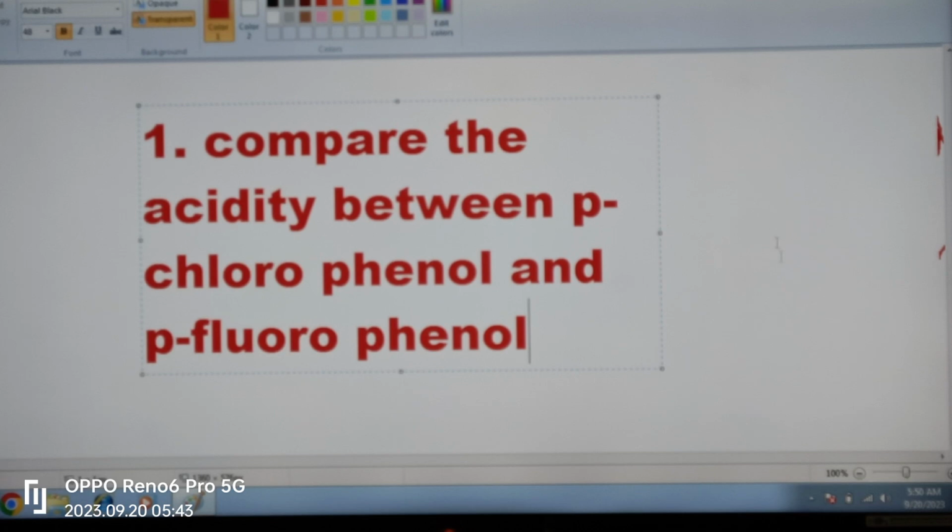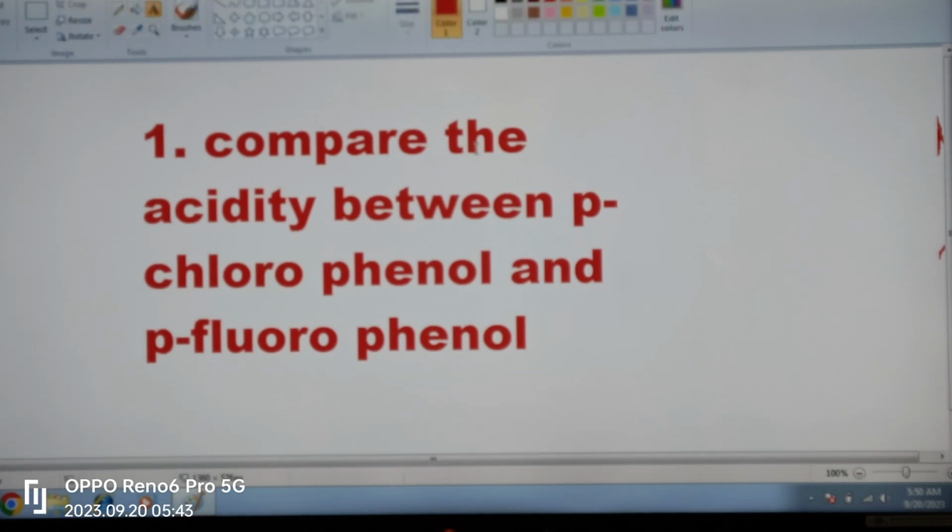So the question is, how can you explain the relative acidity of parachlorophenol and parafluorophenol? Let's try to explain it.